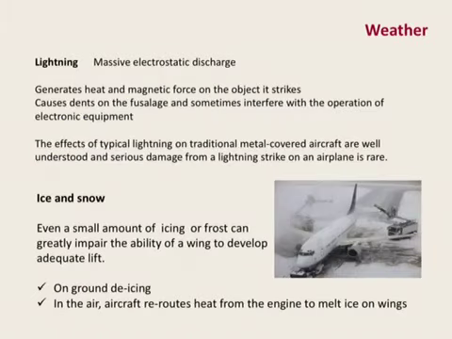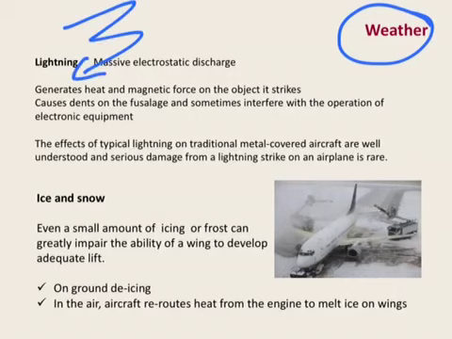Safety can be affected by the weather, or for instance, by lighting, which could affect the communication as well as the fuselage of the aircraft. The weather can bring a lot of ice and snow, and the ice is very dangerous, especially on the wing, because it could affect the lift of the aircraft.